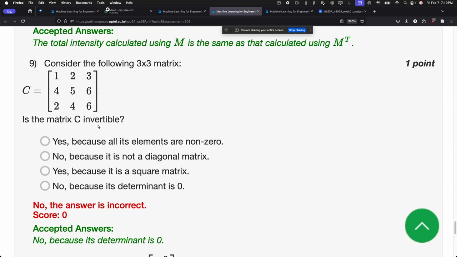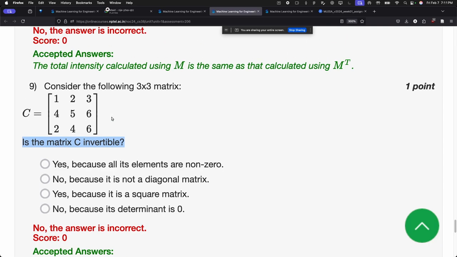Consider the following matrix. Is C invertible? Can anyone tell me? It's very simple. You can compute the determinant, or you can check if one row depends on the other or not.